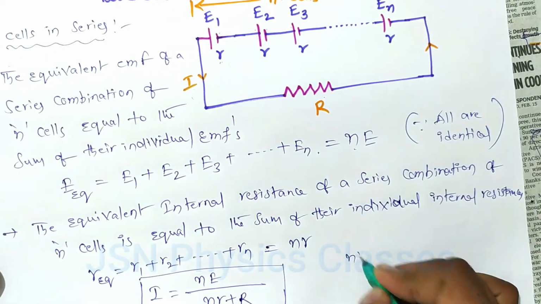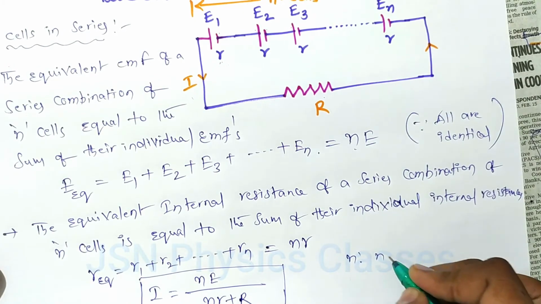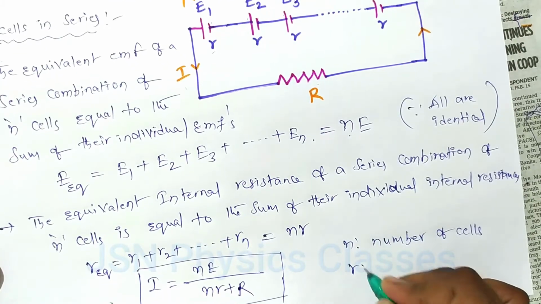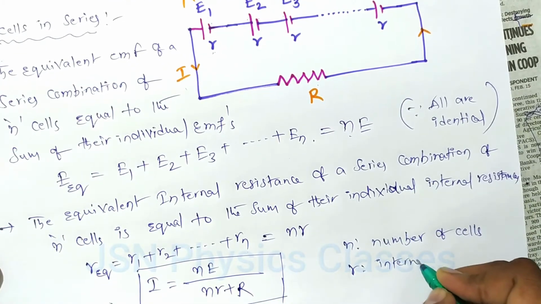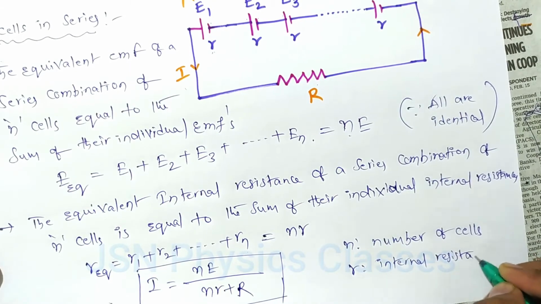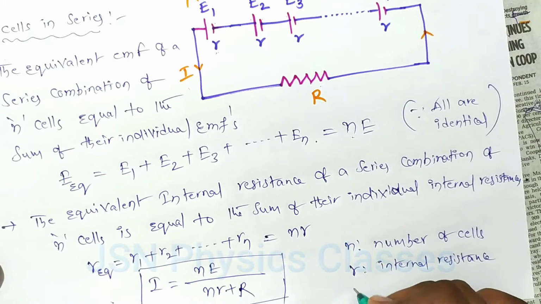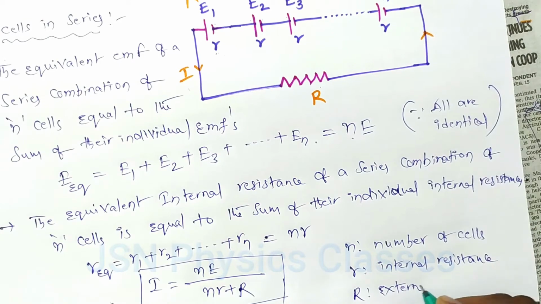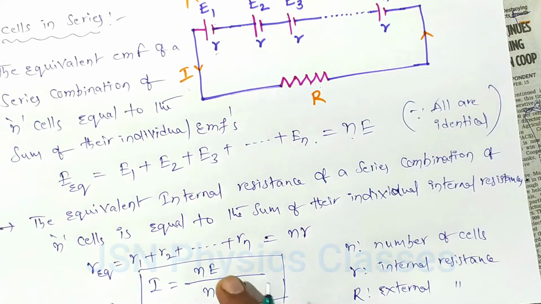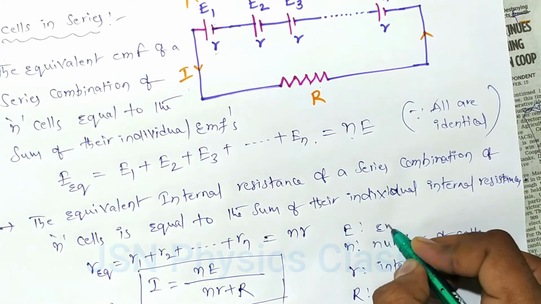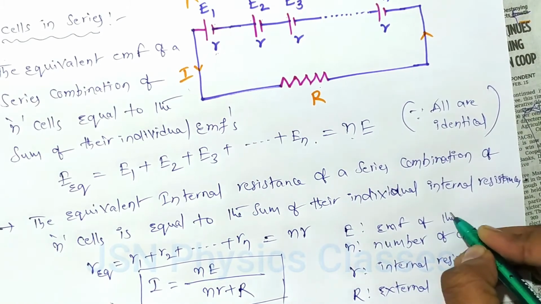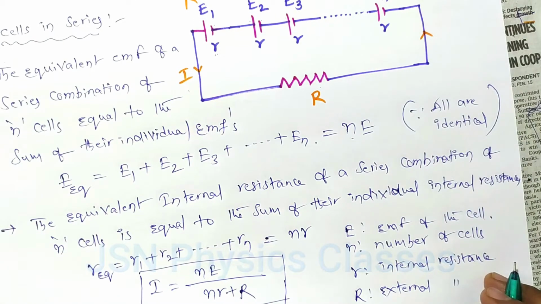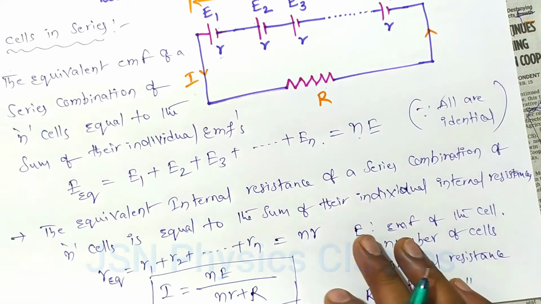Here n is the number of cells, small r is the internal resistance, capital R is the external resistance, and E is the EMF of the cell. Now we'll see three cases. The first case is case 1.